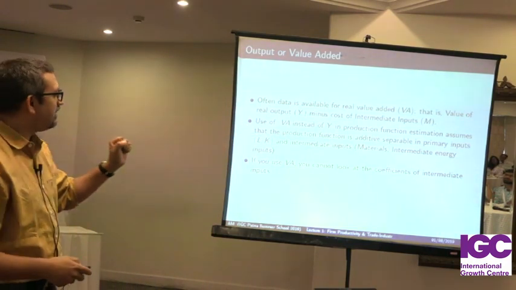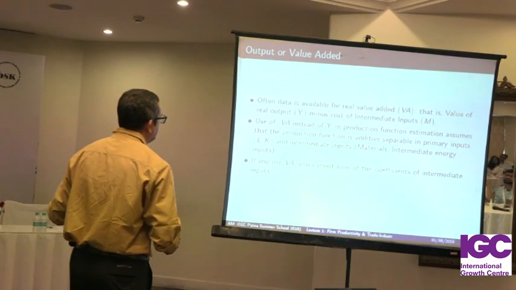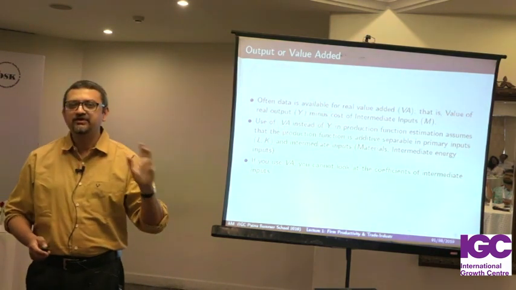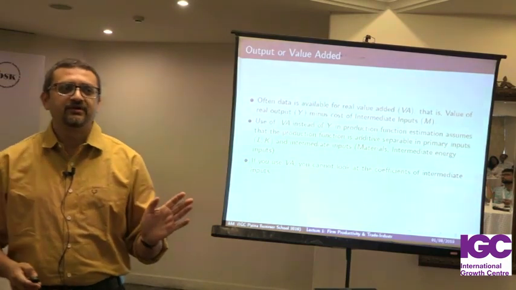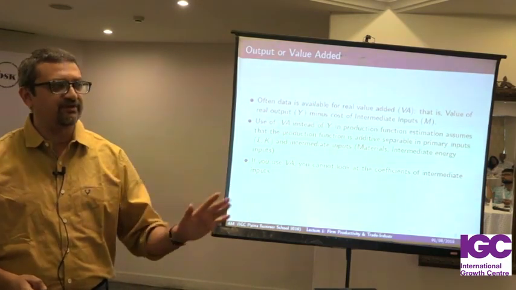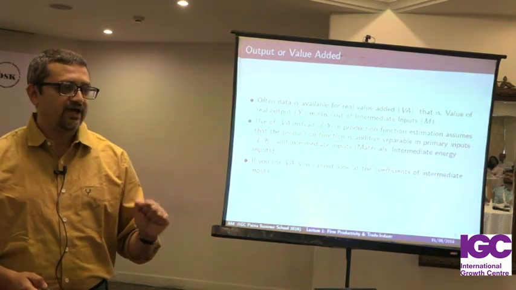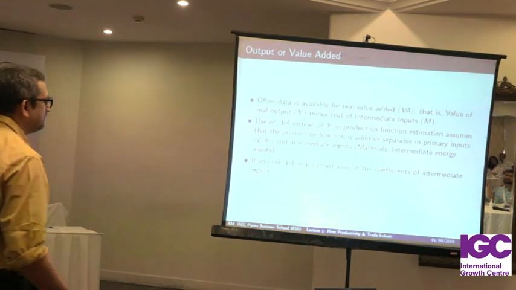Okay. So this requires a very particular stylized form of what a production function is. Okay. So whenever you get value added, remember that you can estimate it, but you are assuming something more. It is not as general as the production function you saw there.